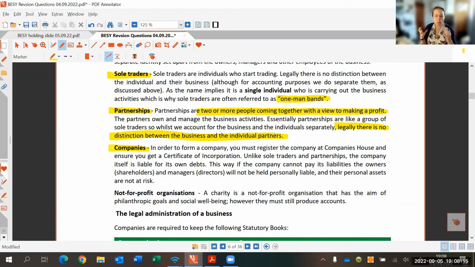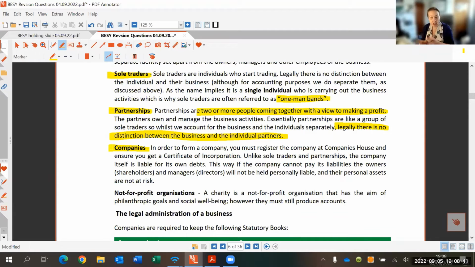So your really big ones, your Tesco's, even things like Facebook, where their shares are often traded publicly on stock markets, and that's the differentiation between your private limited companies, where your shares are a bit more closely controlled, and your public limited companies, where you could rock up and buy some shares in Tesco's if you fancied it.